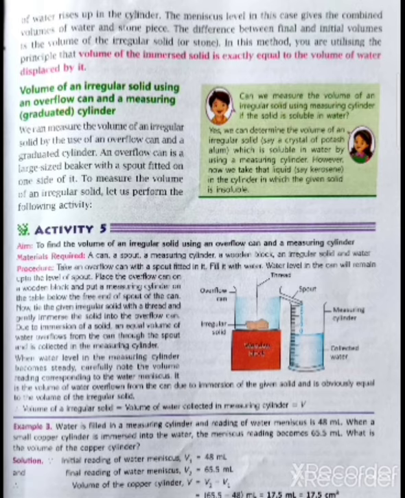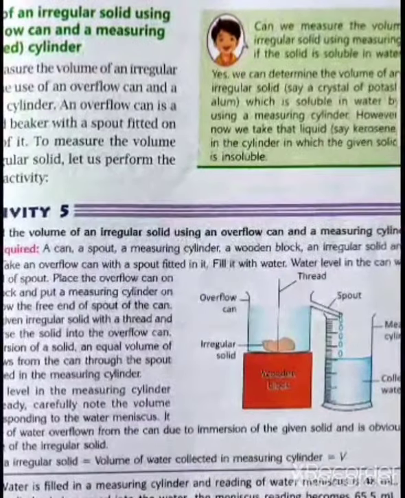Now here we are going to discuss another activity. In this activity we have to find the volume of an irregular solid using an overflow can and a measuring cylinder. So look at the arrangement. We have an irregular shaped solid.